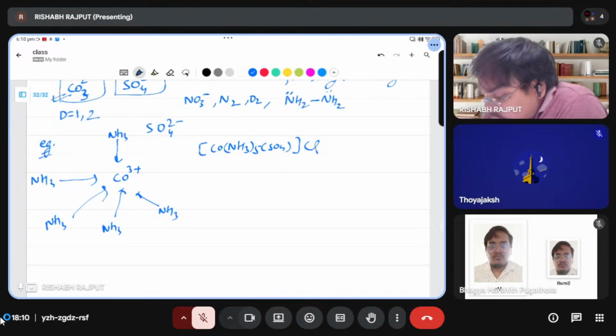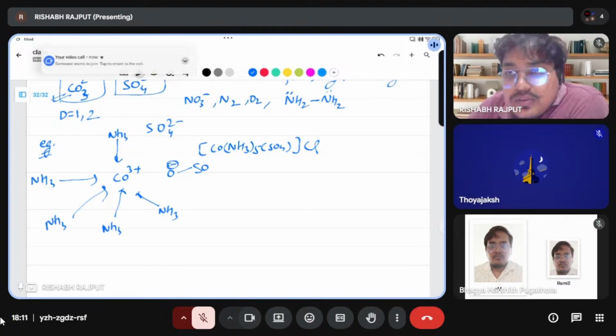What happened here? I will make a diagram. See here.